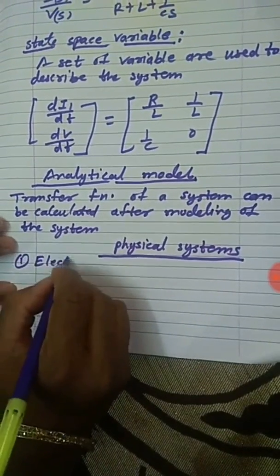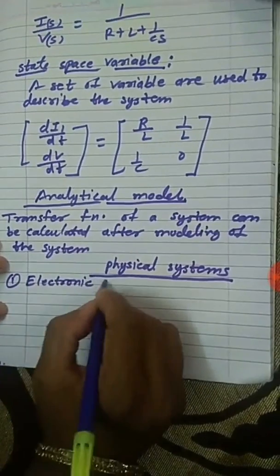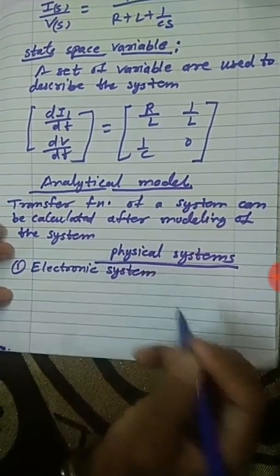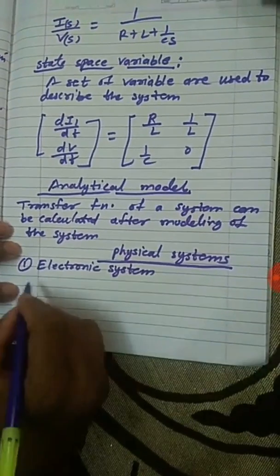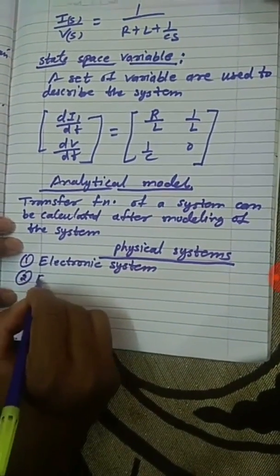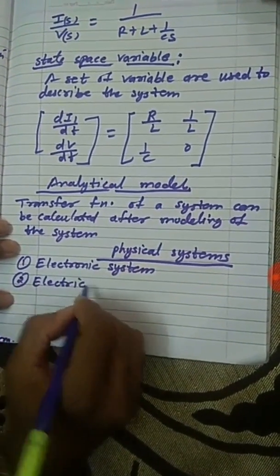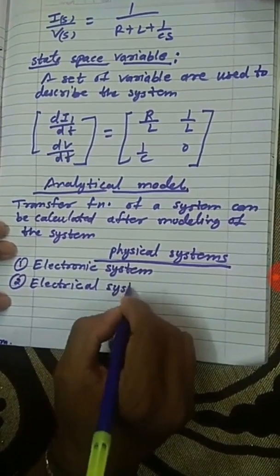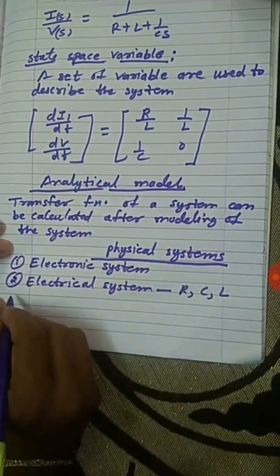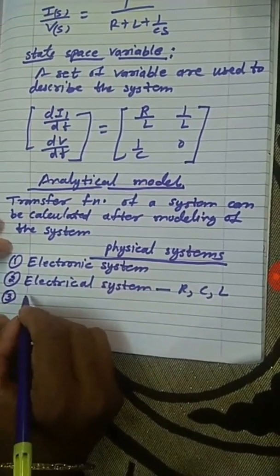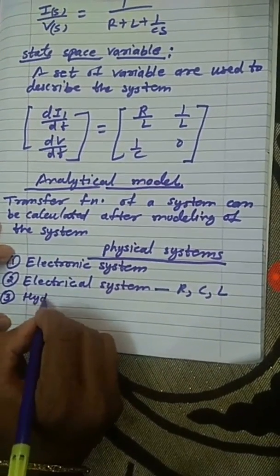electronic system. In this system, the diode, transistor, op-amps are considered. Next is electrical system. In this, resistor, capacitor, inductor and high voltage are considered. Next is hydraulic system.